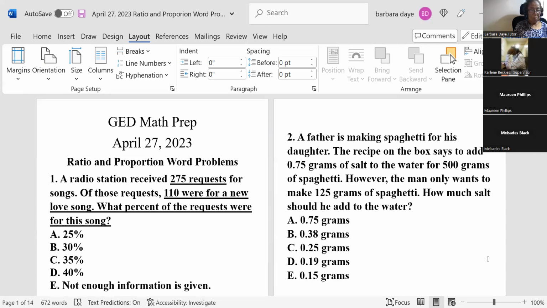Do I? How else would you solve it? Well, there's another way to solve it, but tell me what you did.